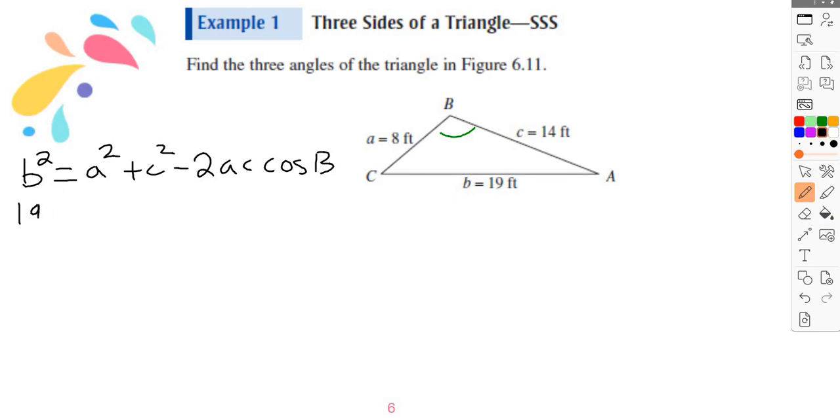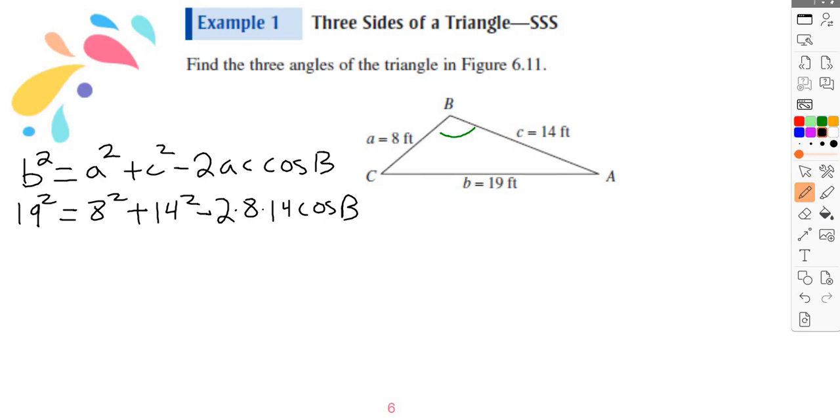I have 19 squared equals 8 squared plus 14 squared minus 2 times 8 times 14 times cosine of big B. What are we solving for there? Big B, okay? So the biggest thing that people run into with these problems is trying to plug too much into their calculator all at the same time. So I would recommend simplifying some stuff first before you start trying to solve for big B.